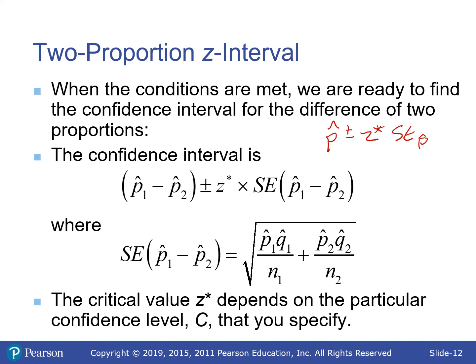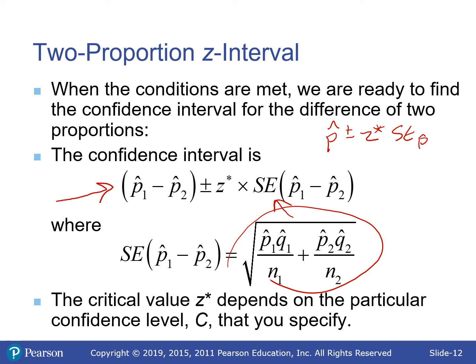Now, as you can see, that equation is not particularly a pleasant one to write, especially if you were to put this in place of the standard error of P1 hat minus P2 hat. Remember, when you're doing things, say for the AP test, you need to define what test you're using by formula or by name.